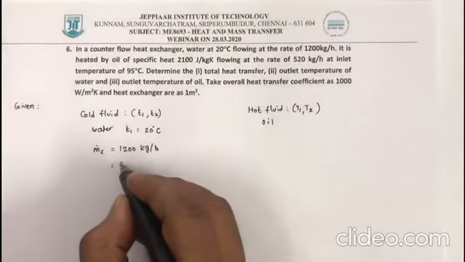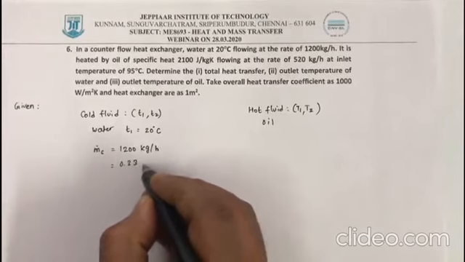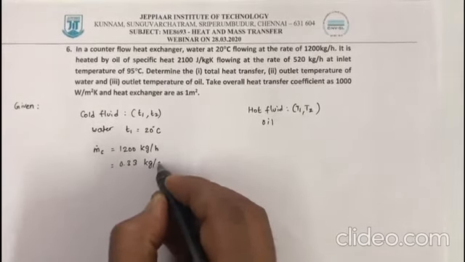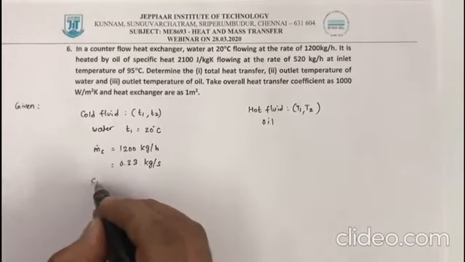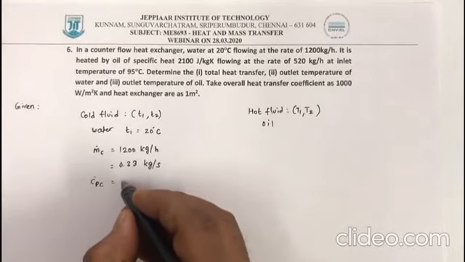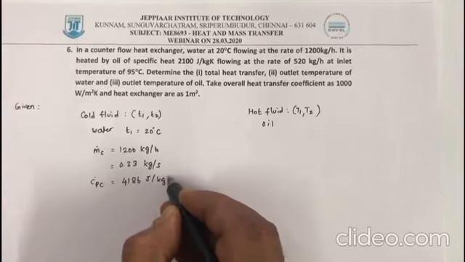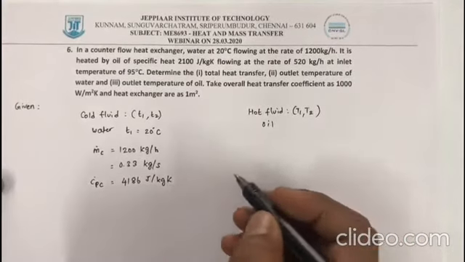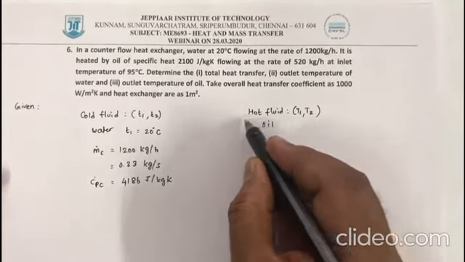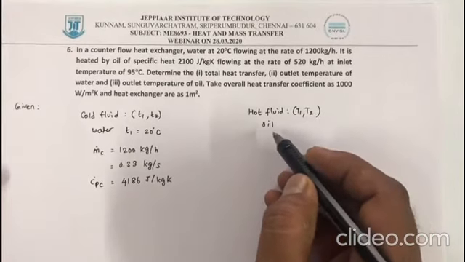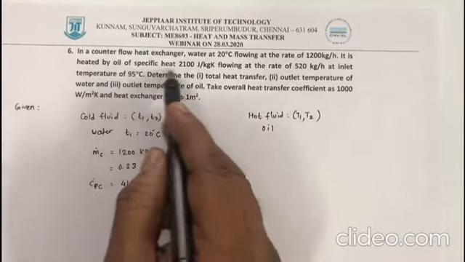All right, so this will work out to 0.33 kg per second. So the specific heat of water, it's a standard value 4186, which I asked you to remember, joule per kg Kelvin.